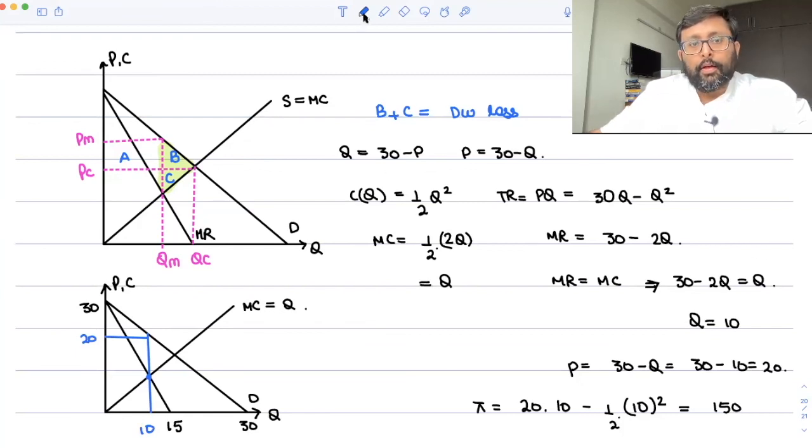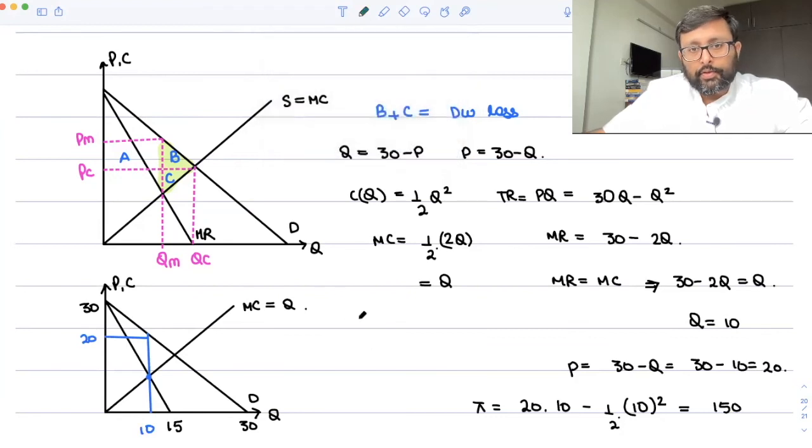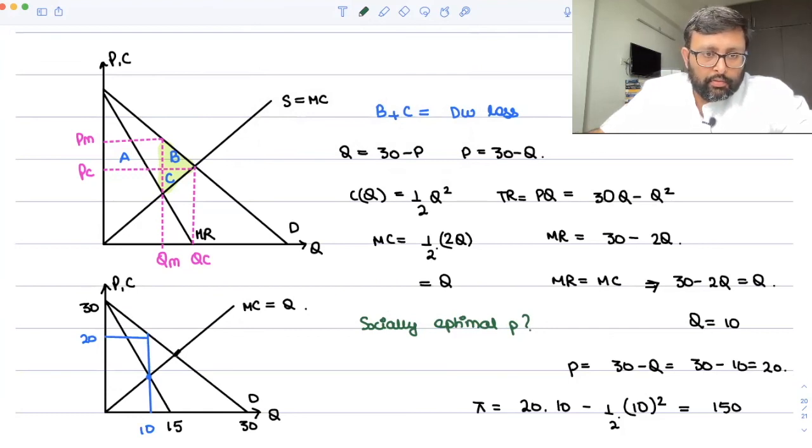Okay. Now you tell me, what is going to be the socially optimal price? The socially optimal price is going to be where demand is equal to the marginal cost. That is this price.